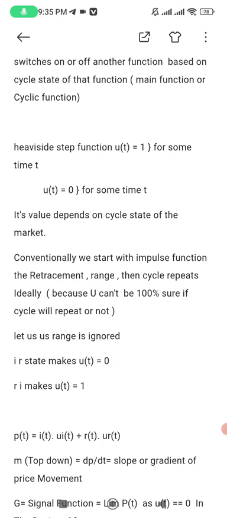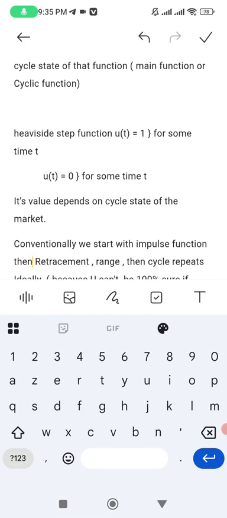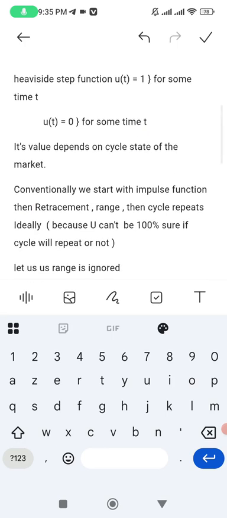Conventionally, we start with the impulse function, then the retracement function, then range, then the cycle repeats. So the market has to impulse, then retrace, maybe range, and then the cycle repeats.